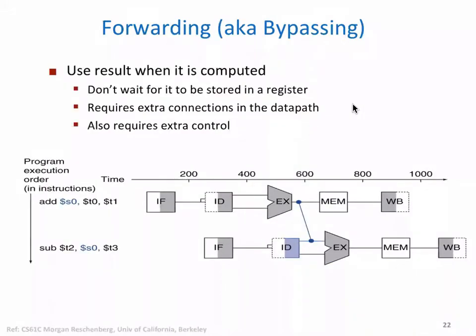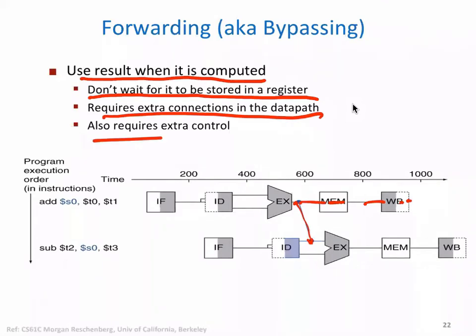All right, so let's look at this concept: use the result when it is computed, and don't wait for it to be stored in a register. However, it will require extra connections like this, and also require control, because this movement has to be controlled from somewhere, right? So we need extra controls. Any question?